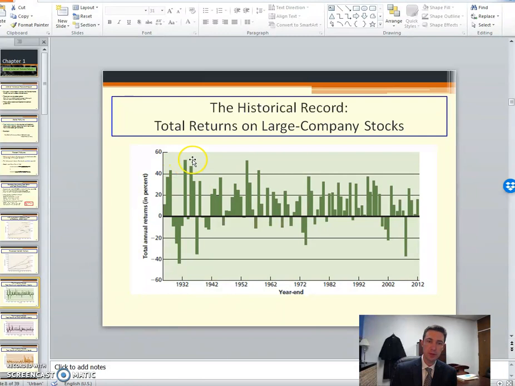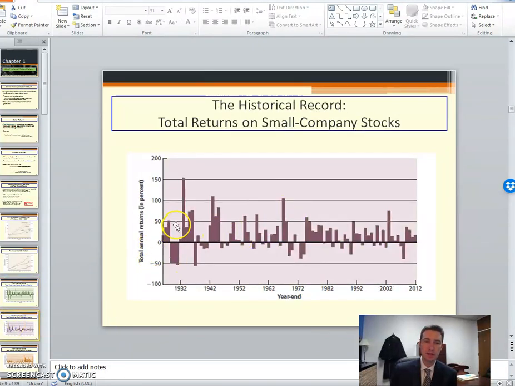Some years had incredible returns, close to or greater than 50% in a single year. But over here, you had really large negative returns, like negative 40% or negative 20-some%. So there's a spread in returns. Now look at the small company stocks. One year had greater than 150% return, whereas other years you had minus 50%. So if you look at the spread or the riskiness of small company stocks versus large stocks, you see a lot more risk with small company stocks in a typical year.